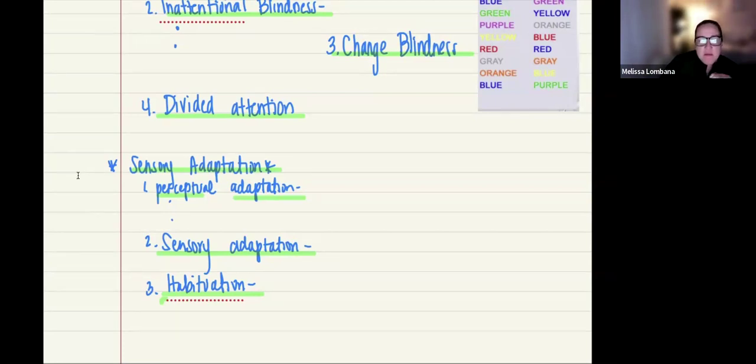For example, if you put on perfume in the morning, then 30 minutes or an hour later you don't even smell it anymore. That's because the chemicals, the stimulus, are still there, but it hasn't changed. Until you put more, then it increases.